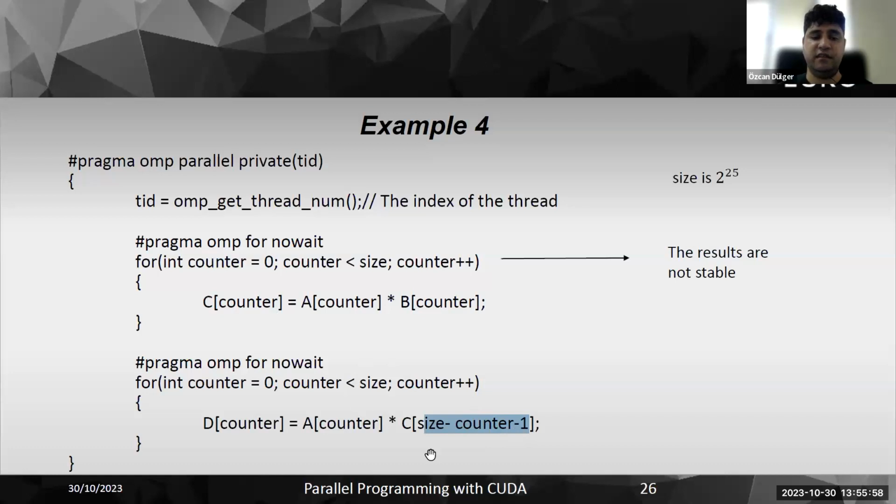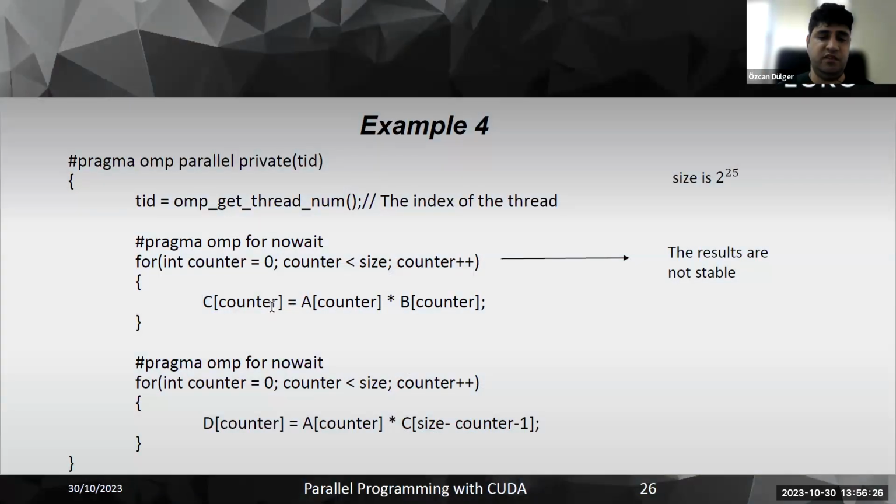While the fourth thread, the last thread, updates the value of the last element of C in this for loop. The last thread updates the value of the last element of the C array here. So the results will not be stable when you run this code.